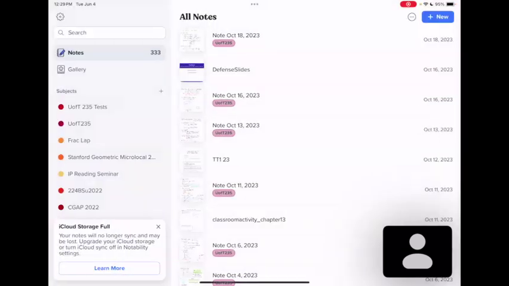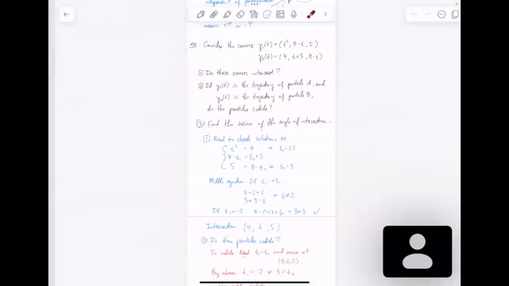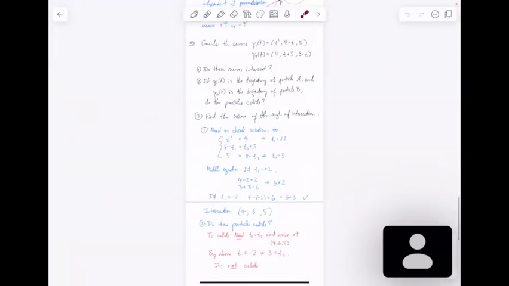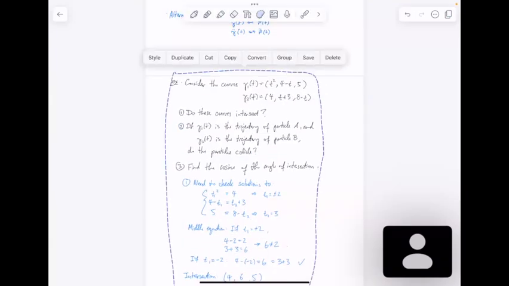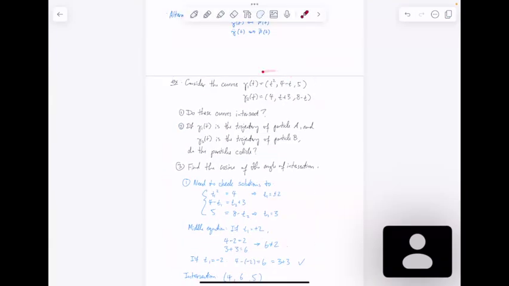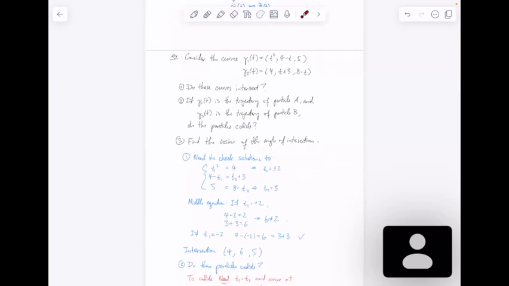So let's revisit last time's lecture. At the end, we had this curve here, which I'll copy. We had two curves from last time. One of them is a line, the other one is not a line. We asked if these curves intersected, and to figure out whether curves intersect or not, you have to solve a system of equations.